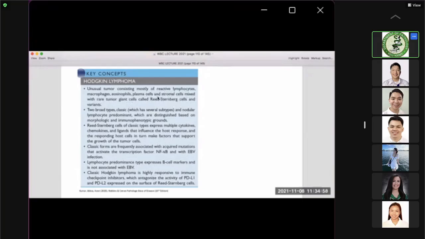So, key concepts: Hodgkin's lymphoma is an unusual tumor consisting mostly of reactive lymphocytes, macrophages, a combination of the different inflammatory cells, mixed with the tumor giant cells known as RS cells. There are many types of RS cell. So we have two broad types: classic, which has several subtypes, and nodular lymphocyte predominance, distinguished on morphologic and phenotypic grounds. RS cells of classic types can express multiple cytokines, chemokines, and ligands responsible for the host responses.